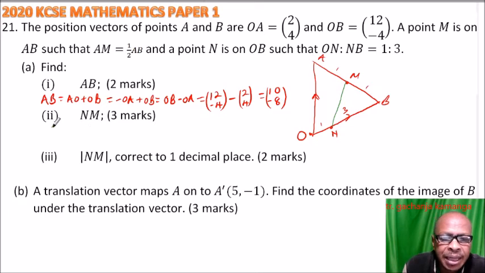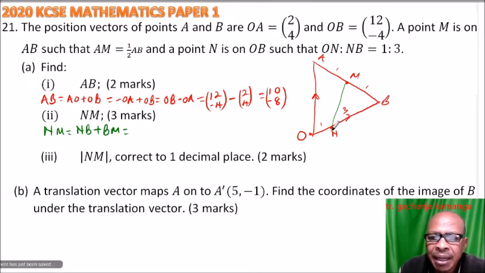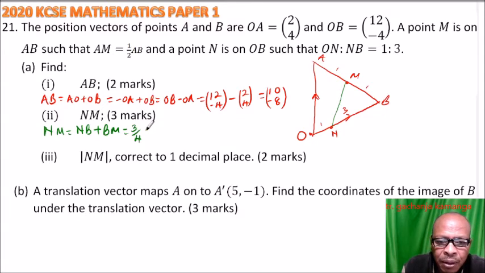So we say that NM is equal to NB plus BM. You note that our NB is 3 out of the 4 parts of the OB. So we can say NB is 3 out of 4 of OB, which we have already been given up here.